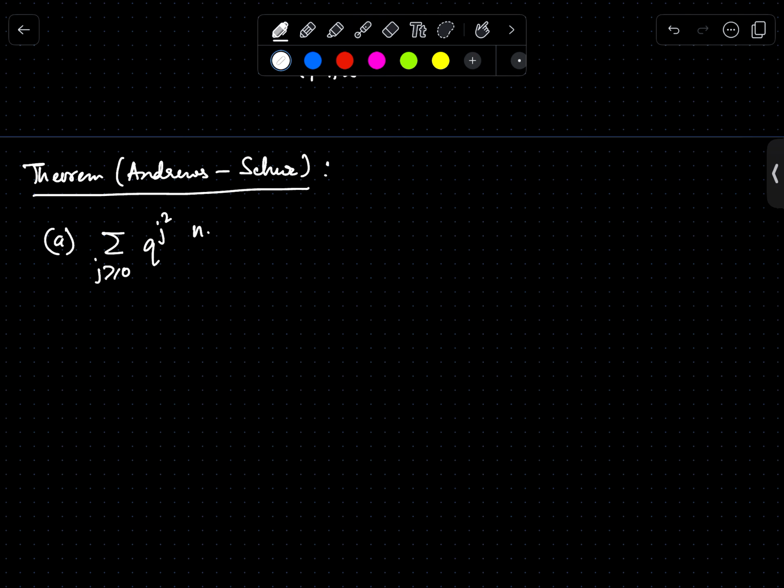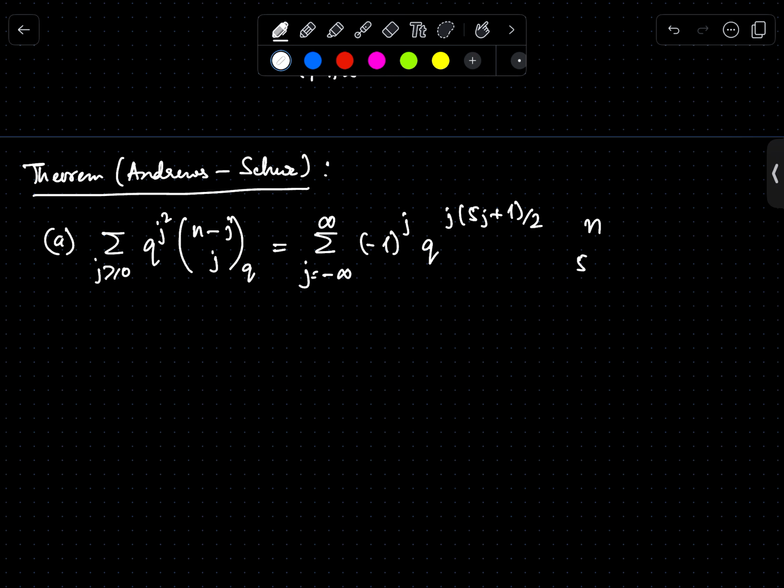The sum of q^(j^2) times the q-binomial (n-j choose j) is equal to the sum over j from minus infinity to infinity of (-1)^j q^(j(5j+1)/2) times the q-binomial (2n choose n-5j). So it looks complicated.